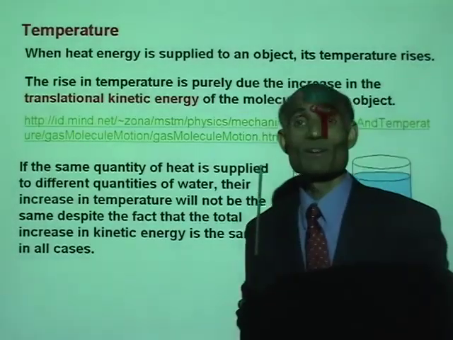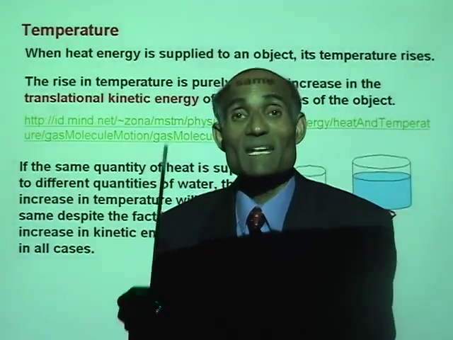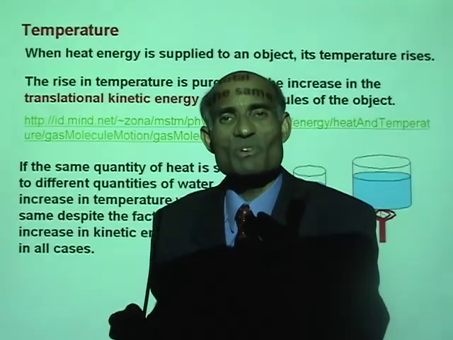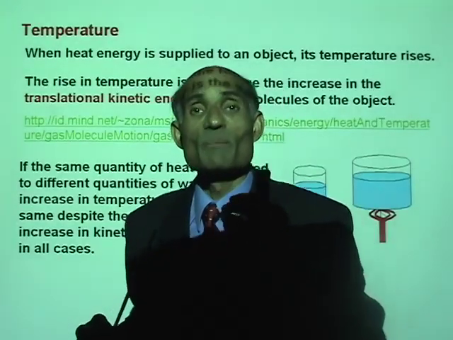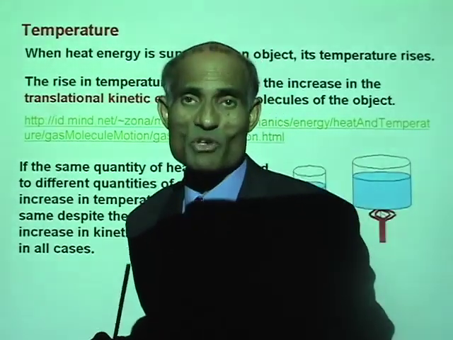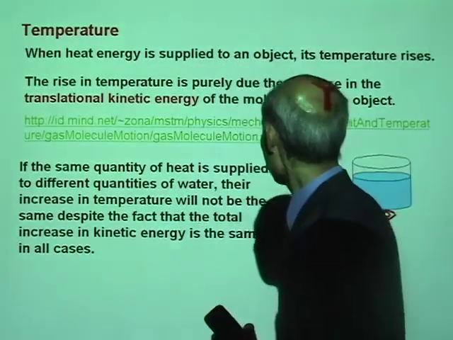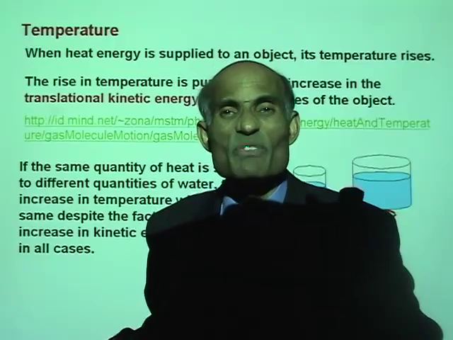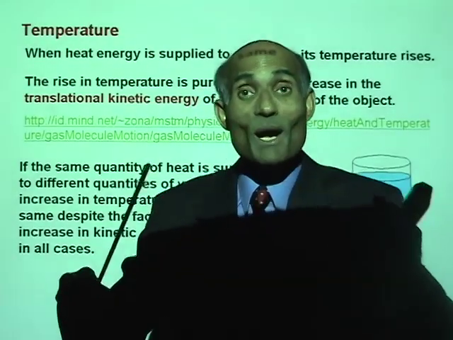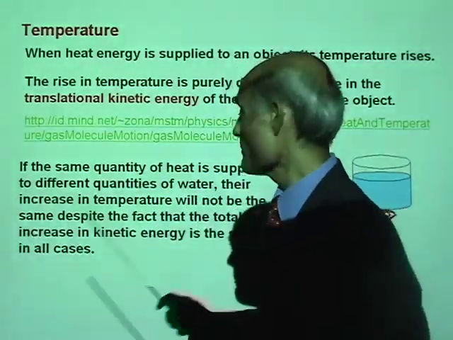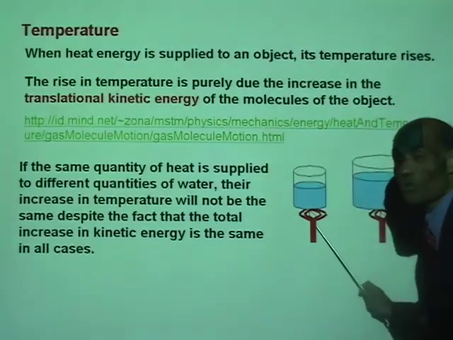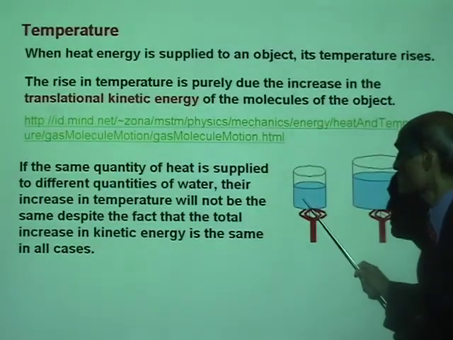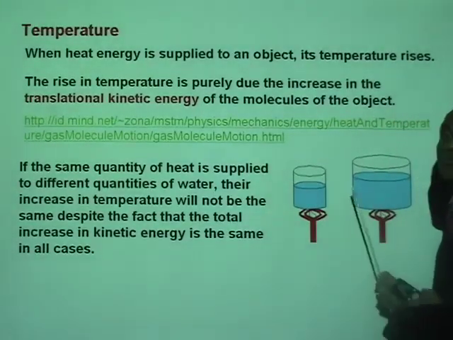And therefore, we can say the temperature of a substance is actually a measure of the kinetic energy per molecule. You see, we supply the same quantity of heat to both these beakers of water.